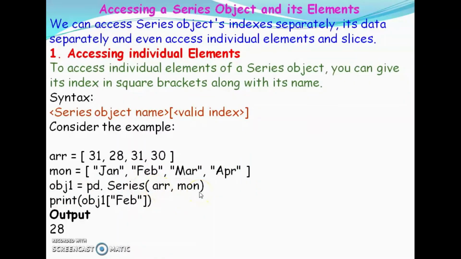We pass the two values ARR and MON. ARR is the data, MON is the index. Print OBJ1['Feb']. Feb is the index value. So for Feb, we will get the data 28. Then the output is 28. Okay, clear? Accessing individual elements from this series object.